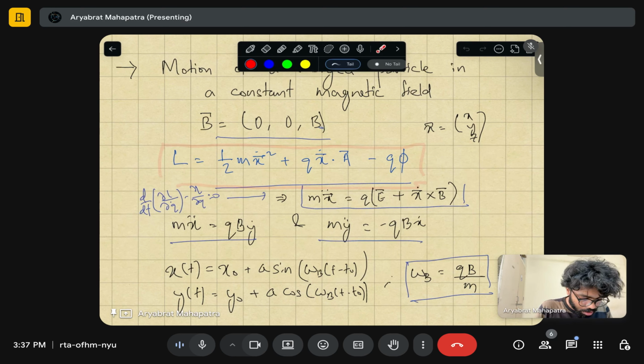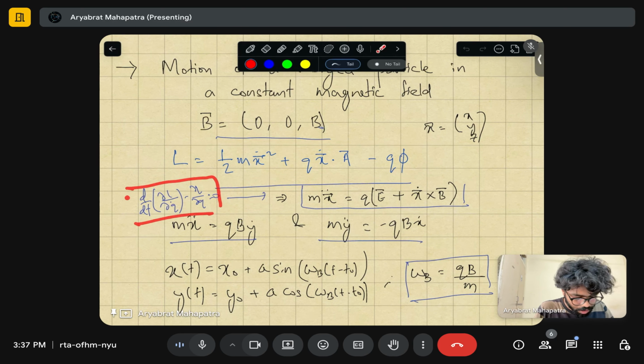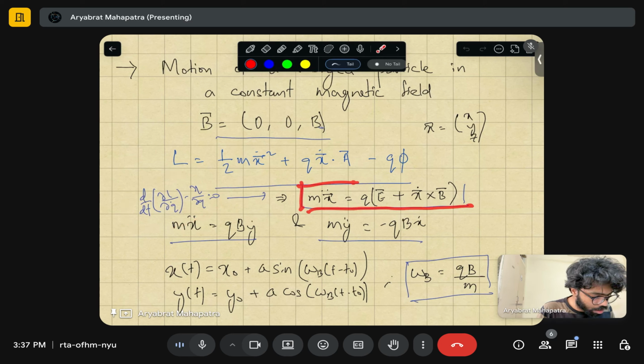But to derive an equation of motion from the Lagrangian, you use the Euler-Lagrange equation. From it, you will find this, which is basically your Lorentz force. I hope you have seen this before. This is how the charged particle would behave.